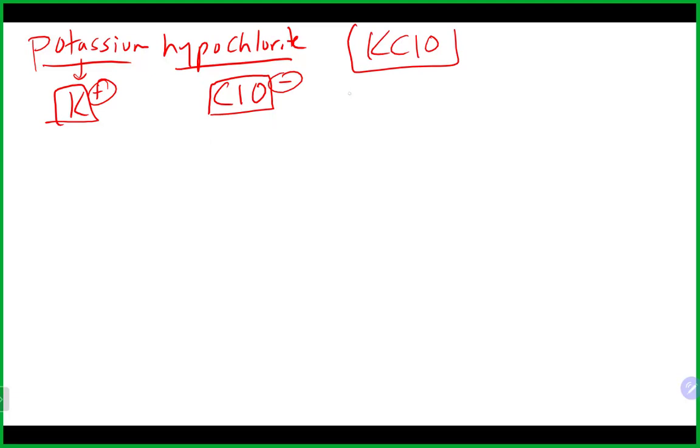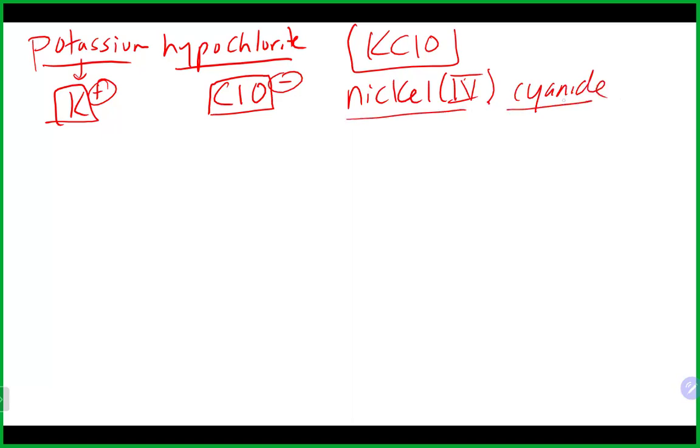Next one is nickel(IV) cyanide, right? Again, polyatomic ion tells us it's ionic. Just like we did previously, nickel with a Roman numeral 4 means this guy has a +4 charge. Cyanide is CN-. Once again, putting it together to equal 0, we would need definitely more of the CNs.